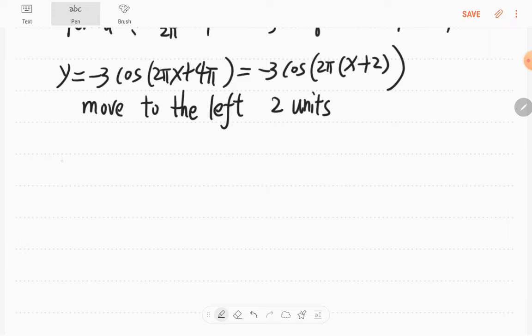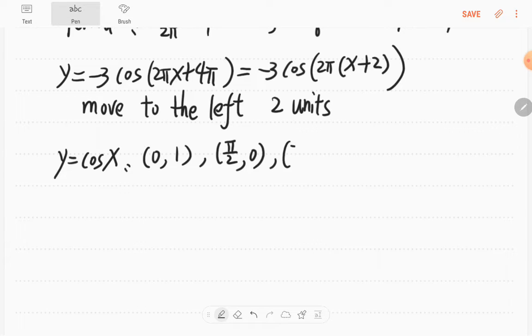But if you want to draw the graph quite precisely, you still need to use the quarter points. So for cosine these are 0, 1, and pi over 2, 0, and pi, -1, and 3 pi over 2, 0, and 2 pi, 1.